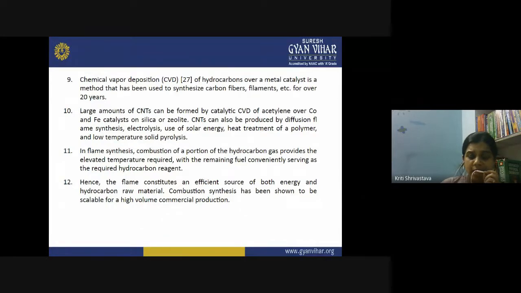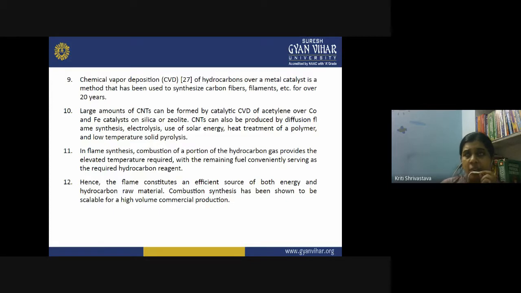In catalytic chemical vapor deposition, generally acetylene is used over cobalt and iron catalyst on silica or zeolite. CNT can also be produced by diffusion, flame synthesis, electrolysis, use of solar energy, heat treatment of a polymer, and low temperature solid pyrolysis. These are several other techniques.